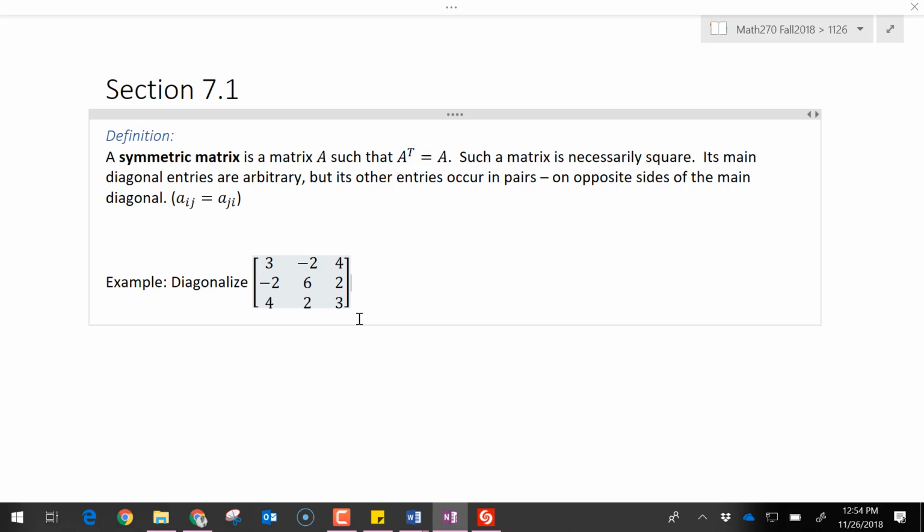Yeah. That's the determinant. Oh, man, that was a long time ago.